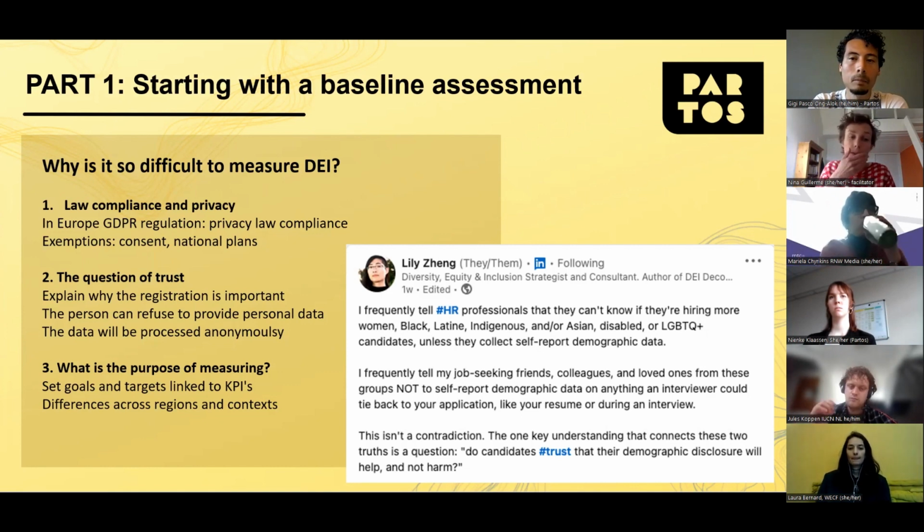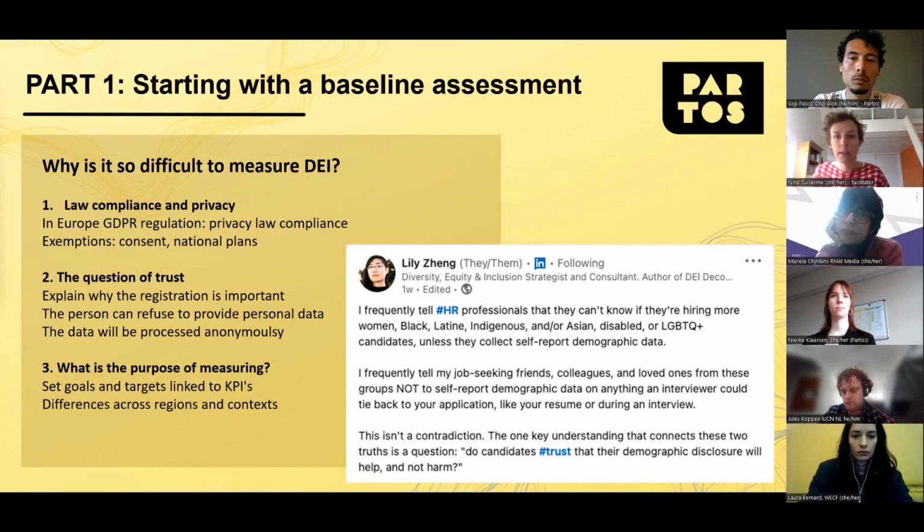And also, when you are setting these indicators, for instance, we want to have more people of color on the board, or we want half of the leadership positions to be held by women, those are indicators that you can apply in your organization, but that might also differ if your organization has offices in other regions or in other countries or in other contexts, because the diversity that you defined within your organization can be also different in other contexts.